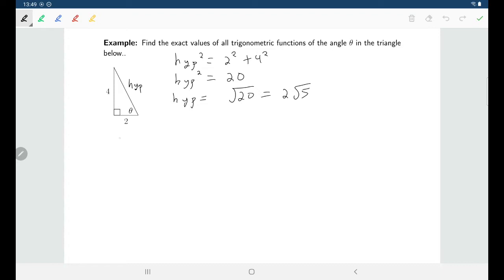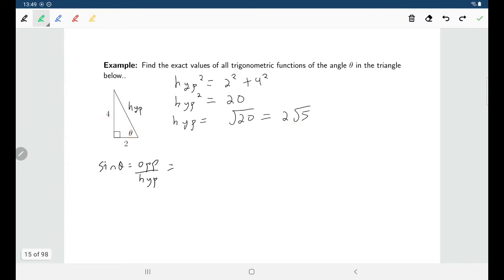So for example, I know that sine of theta is opposite over hypotenuse. If my angle is theta, the opposite side would measure 4, and the hypotenuse, we know, is 2 root 5. So that means sine of theta should be 4 over 2 root 5.